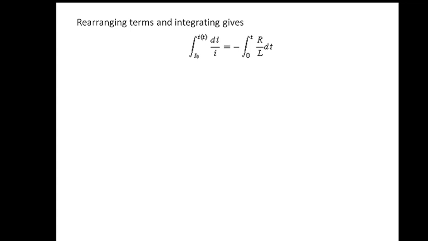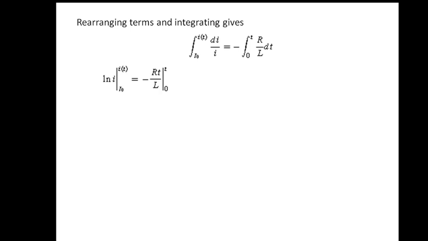On the right hand side, R by L is a constant, so the integral of dt is t only. So we can see here ln I with limits I naught to I of t, and on the right hand side minus R by L into t, from 0 to t.